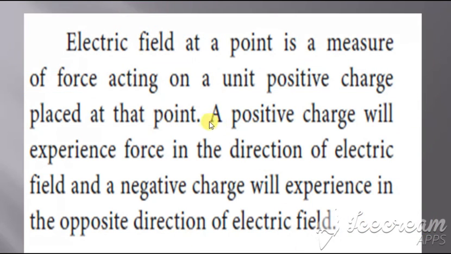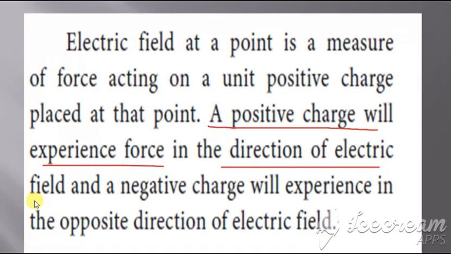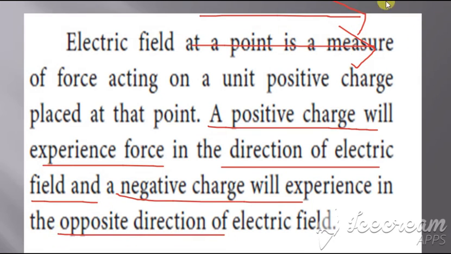Clear? Then the positive charge will experience a force in the direction of the electric field. Positive charge always experiences force along the direction, and the negative charge experiences it in the opposite direction. Clear? So this is about the electric force and the electric field.